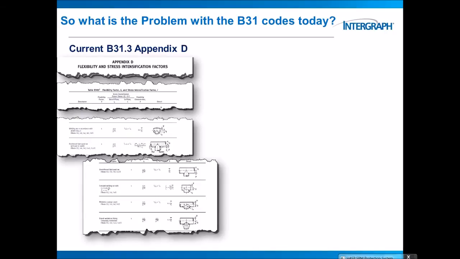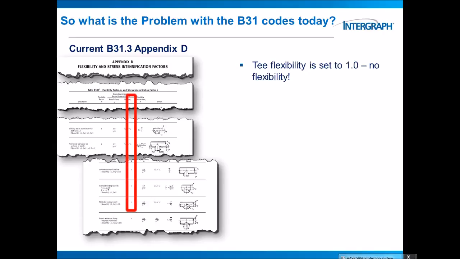So just to finish off, what is the current problem with the design codes today? Here we're looking at B31.3 Appendix D. The problem with Appendix D of B31.3 is the column that is highlighted here, although something's got shifted.